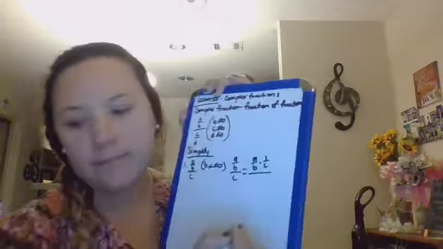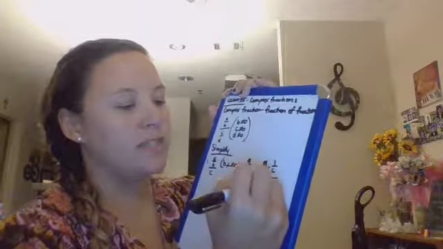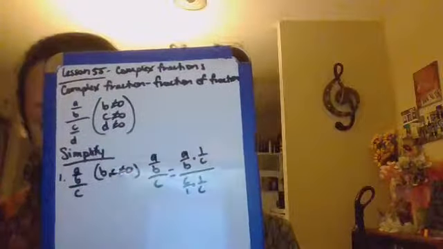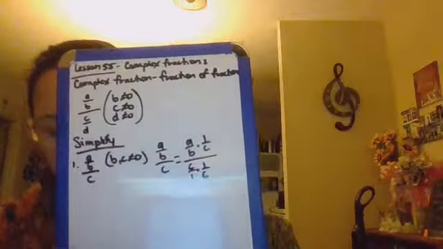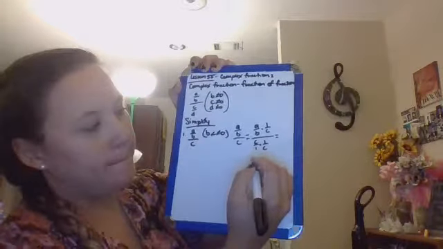We're going to have A over B over C as our original, which is going to be equal to A over B times the reciprocal of C, which is 1 over C. So we multiply it by 1 over C, and then we'll have C over 1 times 1 over C. If we multiply that out, I ran out of room, so I'm going to do it down here.